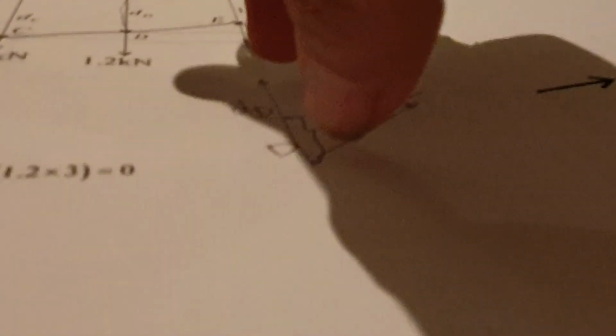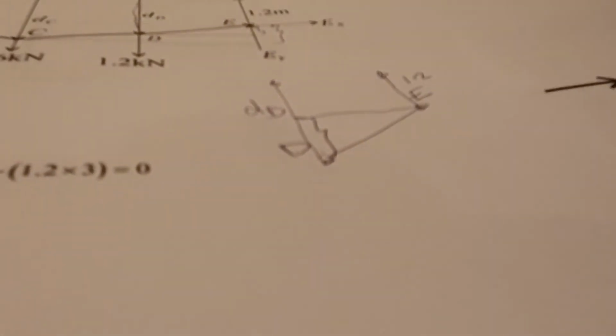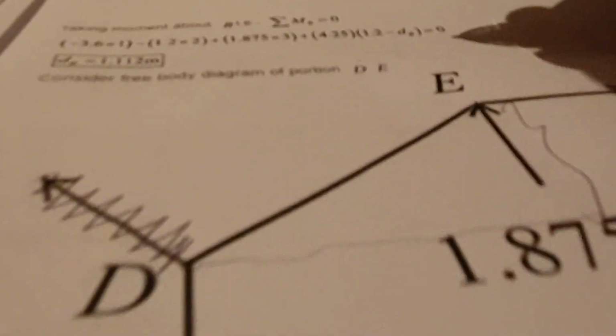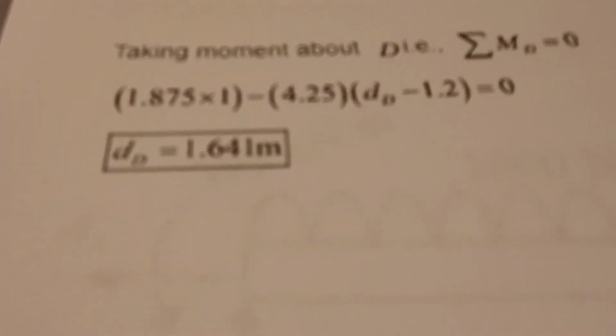So the distance, this one, is equal to DD, the whole thing, minus 1.2. Okay, so 1.2 minus DD, DD minus 1.2 here, you'll end up with DD is equal to 1.641.